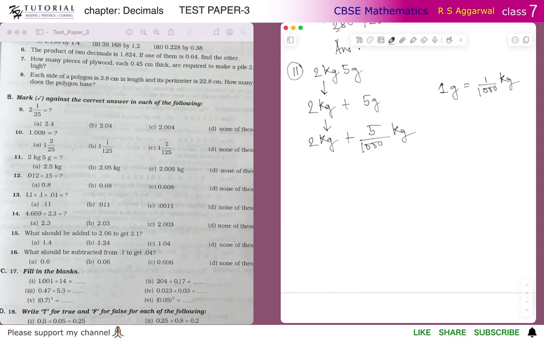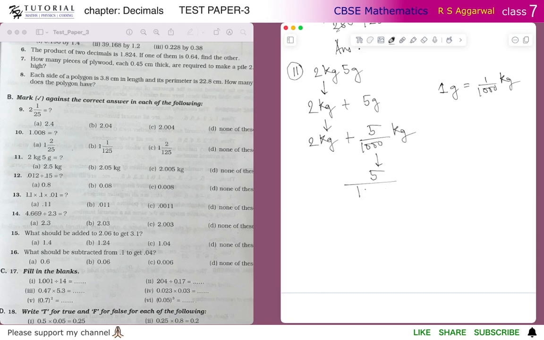Now we have to convert the 5 by 1000 to a decimal fraction, and then we can add it to 2. Okay, so now this 5 by 1000 we can convert to a decimal number.